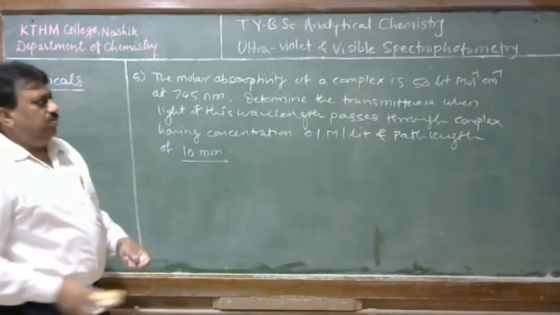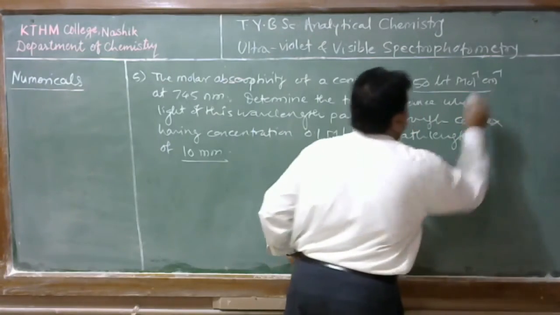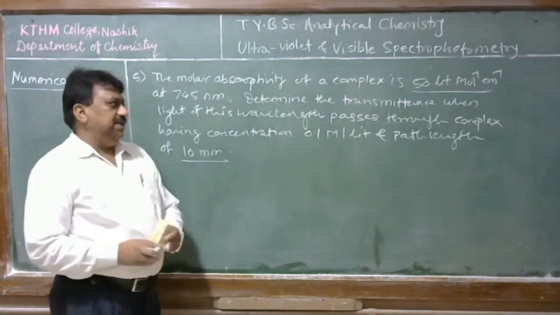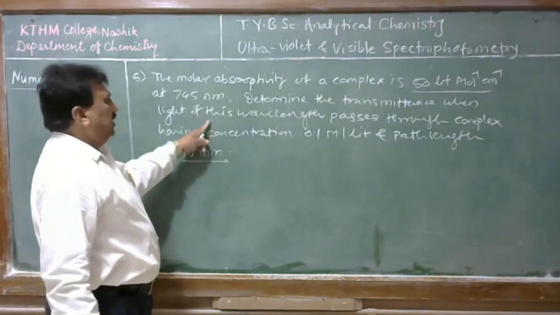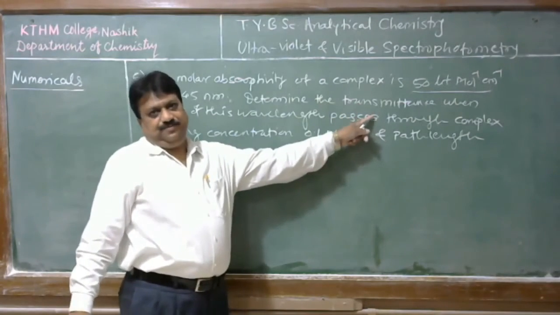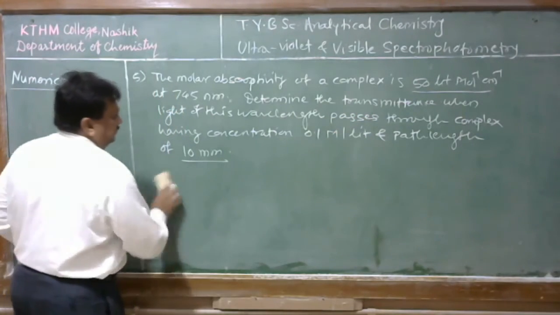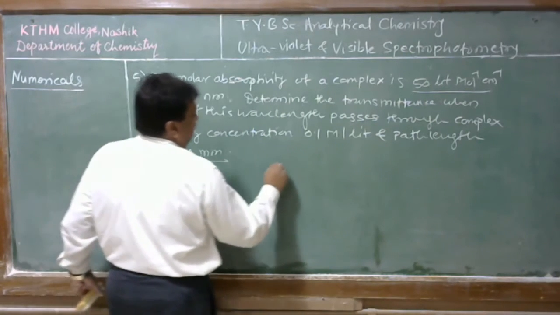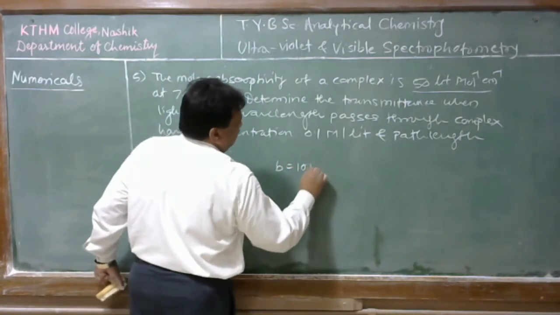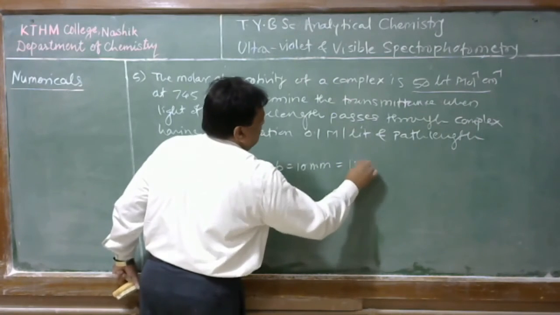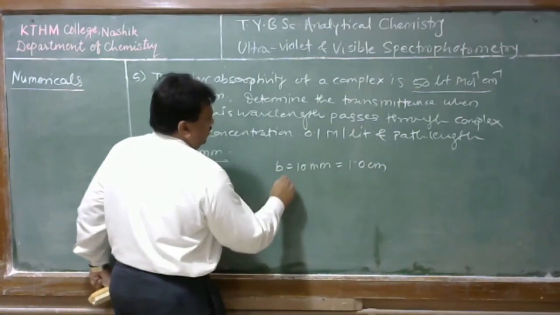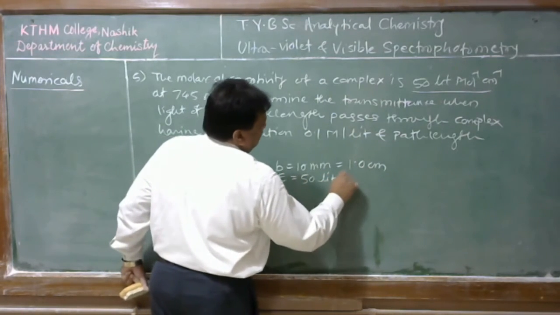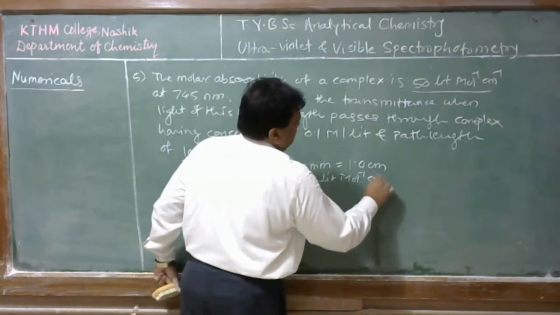In this case, molar absorptivity is given. Value of epsilon and path length are given. We have to find out the transmittance. Therefore, in this case, when B is equal to 10 mm, that means 1 centimeter, and epsilon is equal to 50 liter per mole per centimeter.